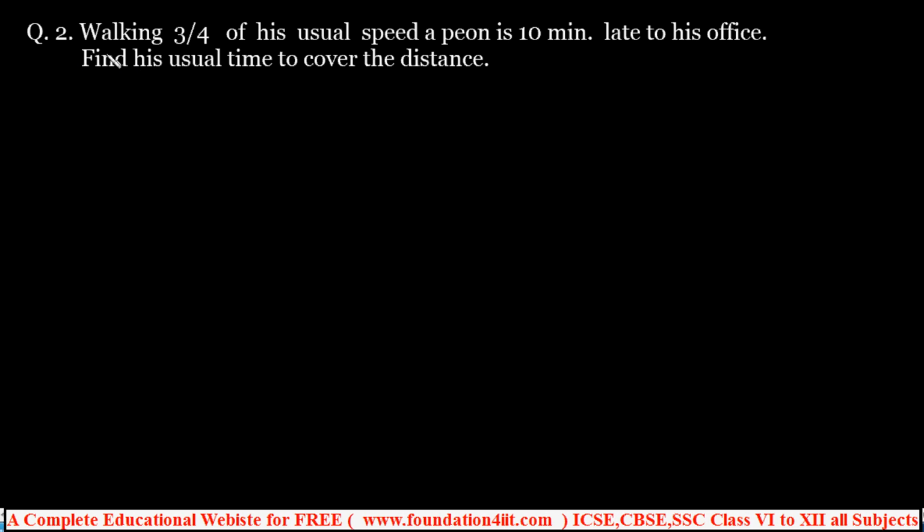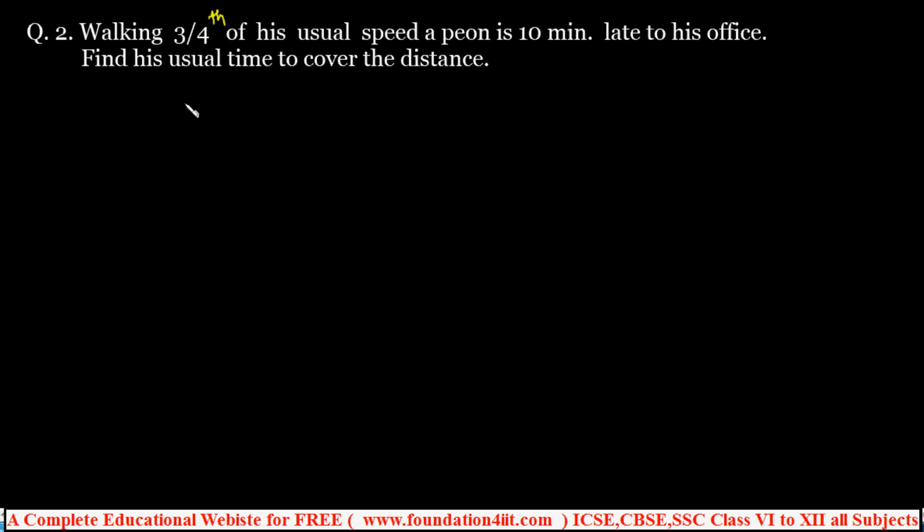Here the question is: walking 3 by 4th of his usual speed, a peon is 10 minutes late to his office. Find his usual time to cover the distance. So usual time we should find out. You can make a diagram to understand the question clearly.